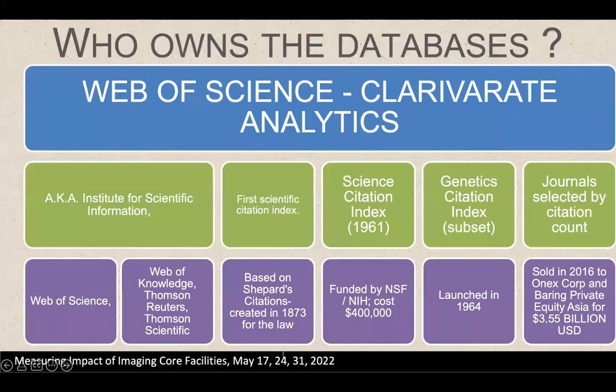It's based on Shepard's Citations, which created the law index in 1873. It was funded by the NSF back in the 60s, launched in 64. It was acquired for $3.5 billion in 2016. So you can see the value of those things.